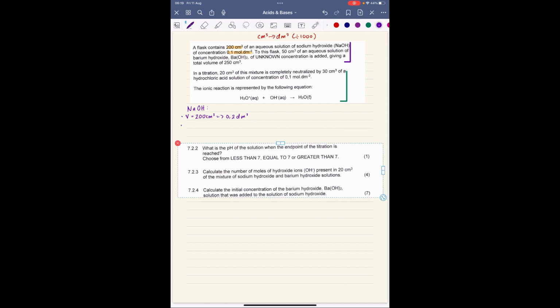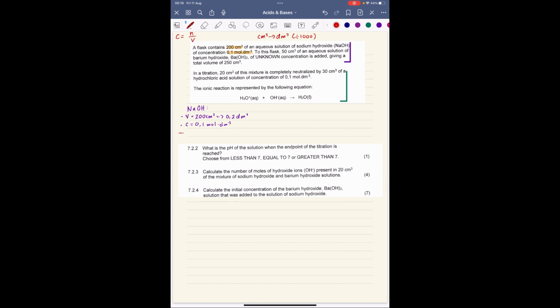We then move on. We have the concentration. That's also something that's given. The concentration is 0.1 moles per decimeter cube. Because we have these two things, C and V, that gives us an indication that we're going to use this formula: C is equal to n over V, and we're going to find our moles.